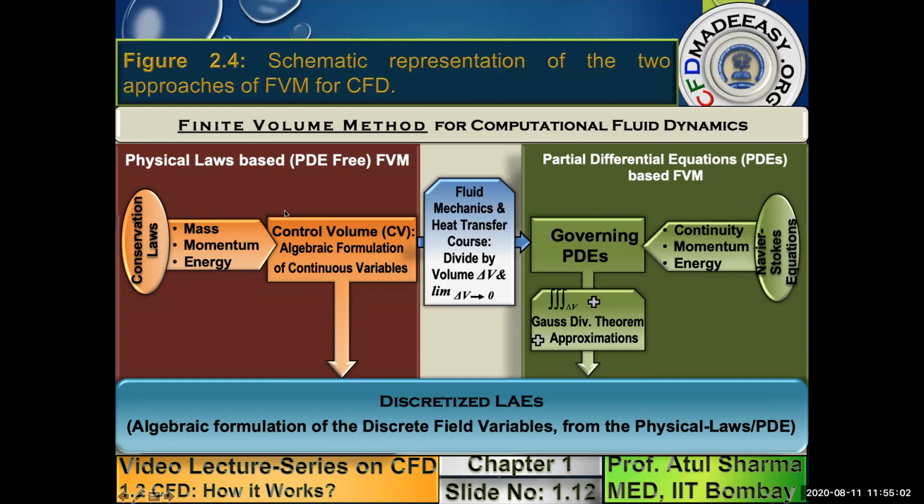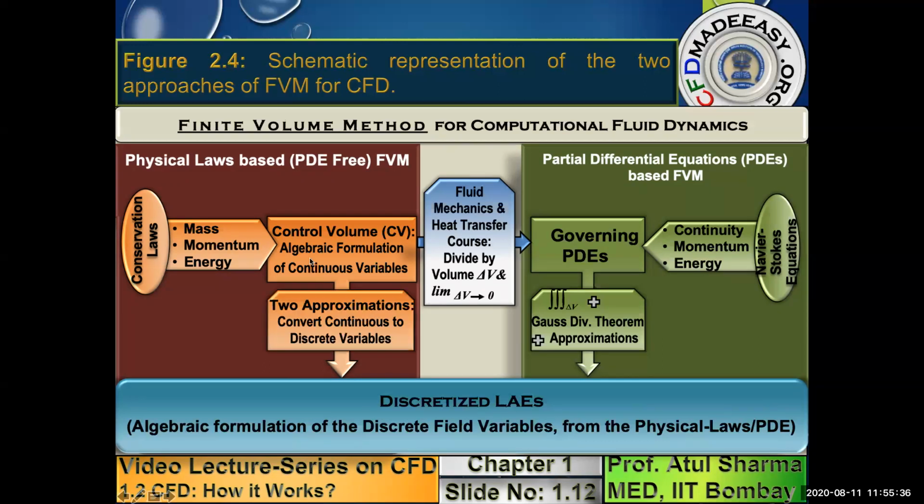This physical law based finite volume method starts with the conservation law, and in fact it starts with the same control volume which in the undergraduate courses you use to derive the differential equations. So using the same control volume and the same conservation law from which you have derived the differential equations, we start, and in this case we don't use any volume integral or Gauss divergence theorem, because we use a discrete math independent of continuous math.